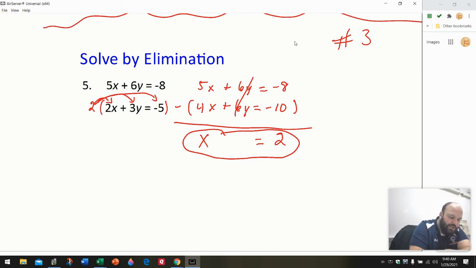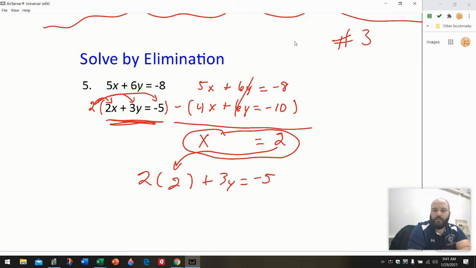I'm going to go ahead and choose this second equation right here to use. So it's 2, and then we have x, so that's parentheses, plus 3y equals -5. Now in place of that x, I'm going to put this number 2 right there. So we're going to have 2 times 2 plus 3y equals -5. 2 times 2 is 4.